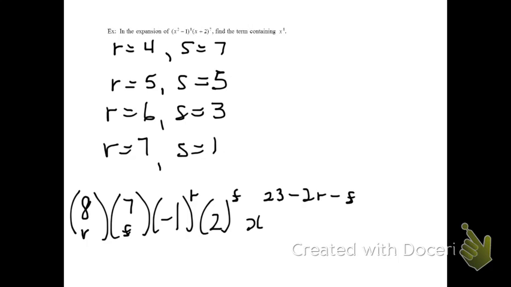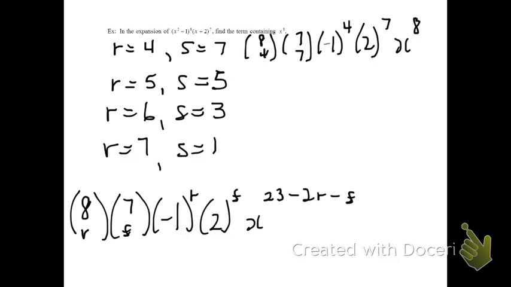So for this first combination where R is 4 and S is 7, we're going to end up with 8 choose 4, 7 choose 7, negative 1 times 4, 2 times 7, and x will be x to the power of 8. And that will give us an answer of 8,960 x to the power of 8.